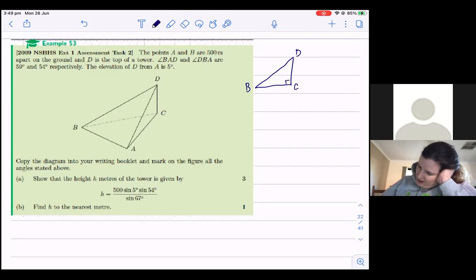This is the top of the tower. H for height of the tower. The other triangle I know is ADC, because they've told us the elevation of D from A is 5 degrees. This is still H.